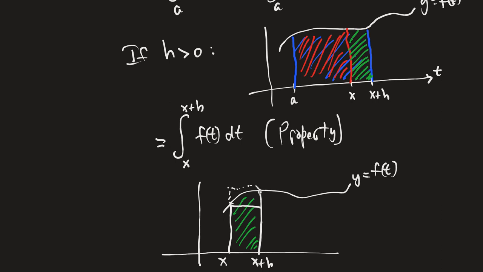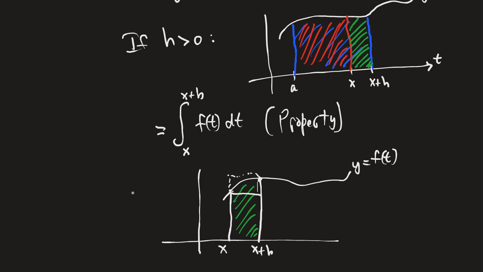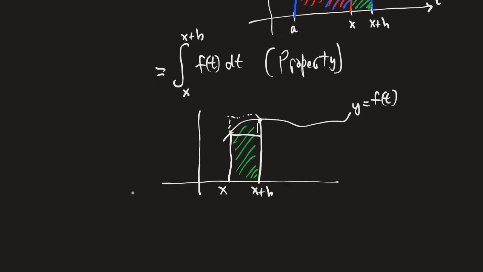So if I take the right endpoint, evaluate it in my function, and make this rectangle that goes above it, then that rectangle, all of this, has an area that's bigger than the area shaded in green, right?